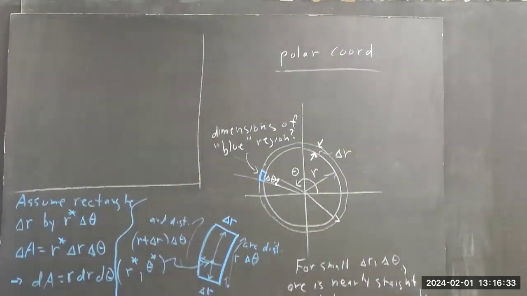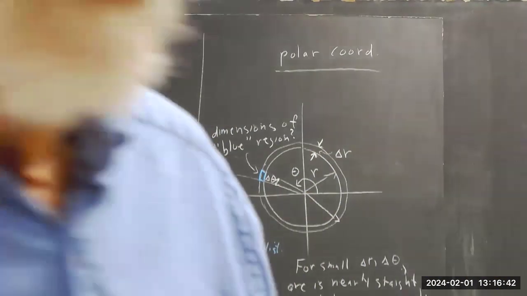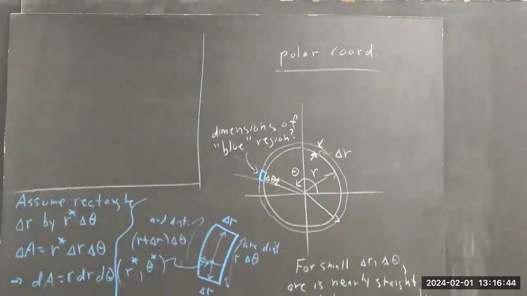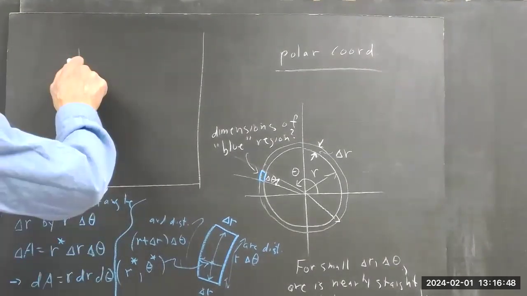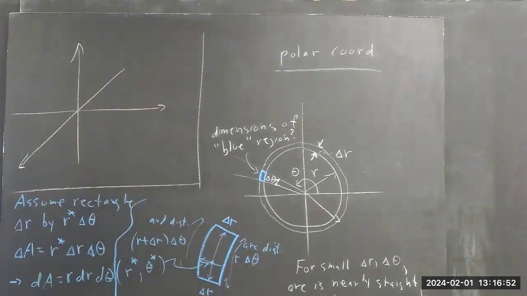Now, cylindrical coordinates are actually pretty easy once you have the polar coordinates. Okay, cylindrical coordinates in three-dimensional space. So we're going to use X, Y, and Z axes as reference points.